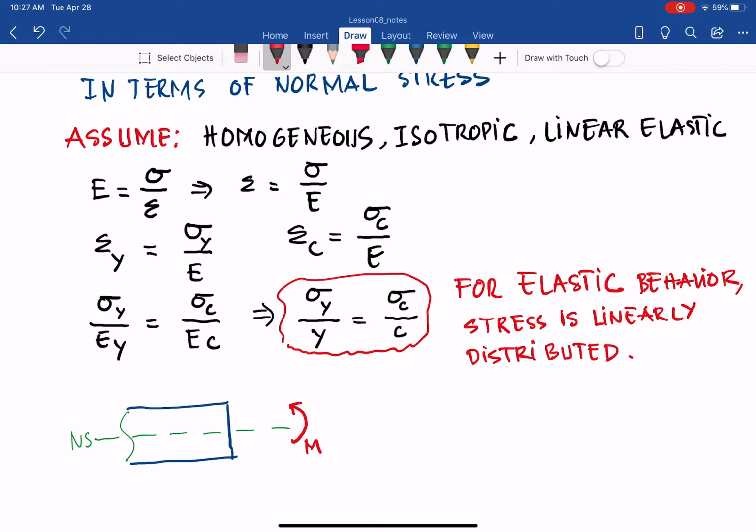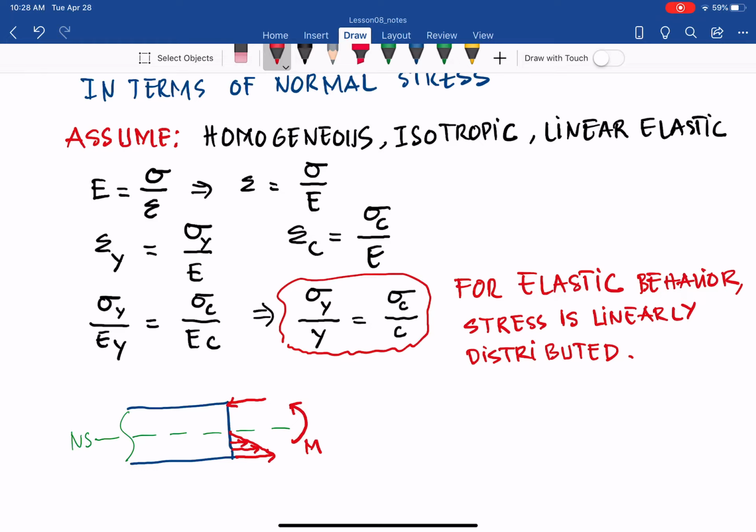So from here I can have the normal stress reach a maximum at the outermost fiber and zero at the neutral surface. Similarly to the bottom one, the top one will be the same, but it will be in compression, as shown with that moment.